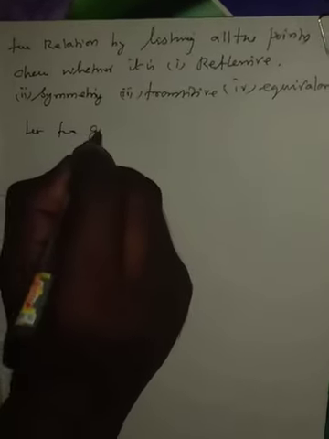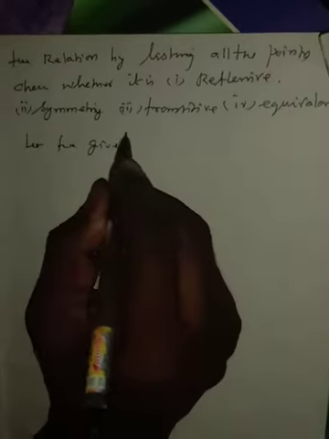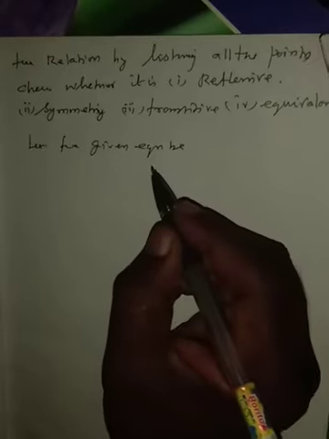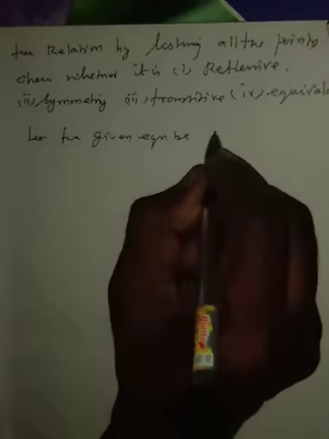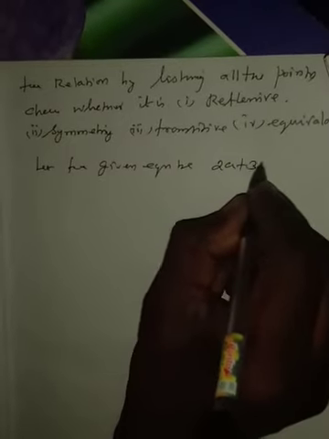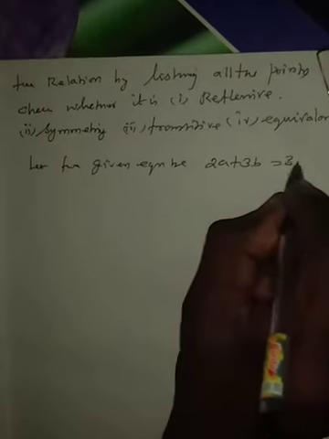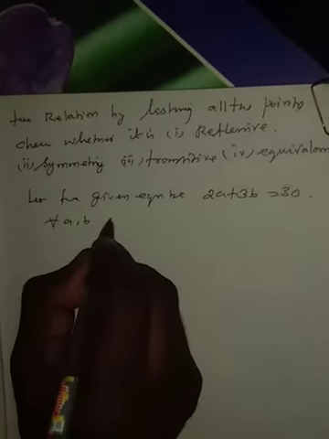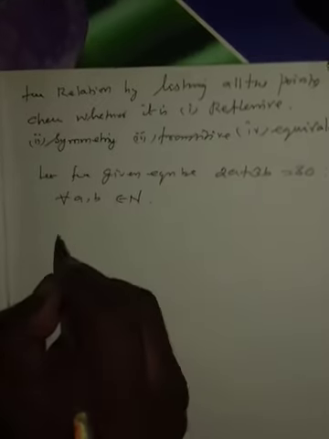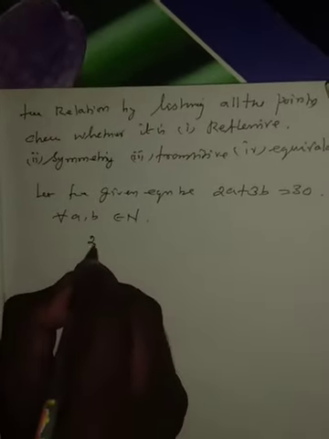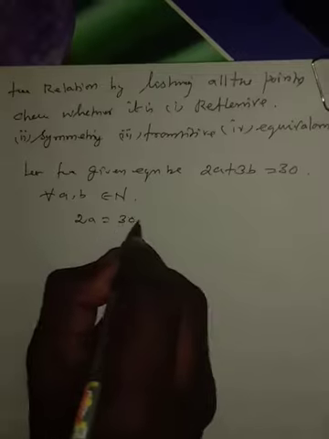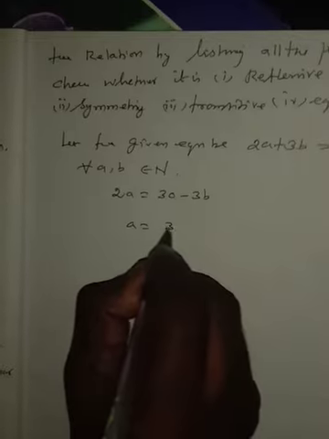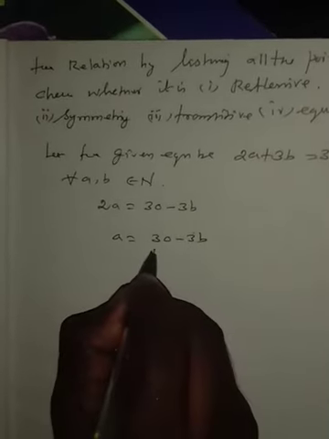Let the given relation be 2A plus 3B is equal to 30 for all A, B belonging to the natural number set. So 2A is equal to 30 minus 3B. A is equal to (30 minus 3B) divided by 2.